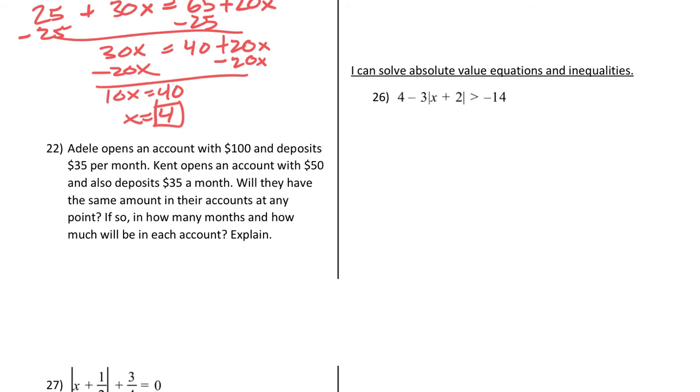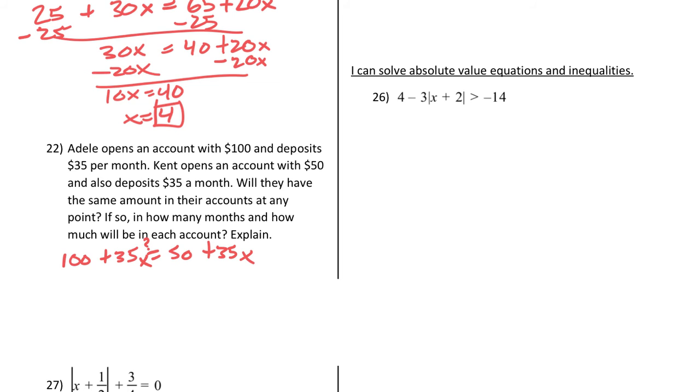Adele opens an account with $100 and deposits $35 per month. When he opens an account with $50. So $100 starts and $35 per month. The other one is, so when is this equal to depositing $50 and adding $35 a month? So x, after how many months?